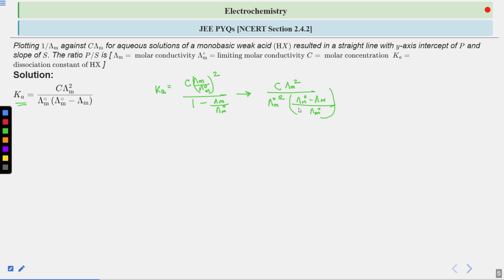Now you can see that this lambda m naught square is in multiplication with this bracket, that means lambda m naught here and here, one can cancel out. So you just cancel out the one, and the remaining term is C lambda m square divided by lambda m naught multiplied by lambda m naught minus lambda m. Simple. So we simplify this equation to this.